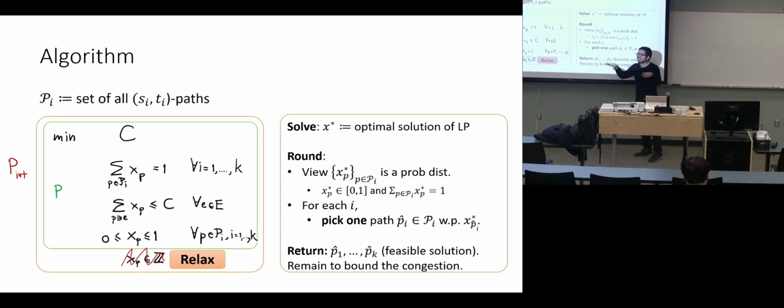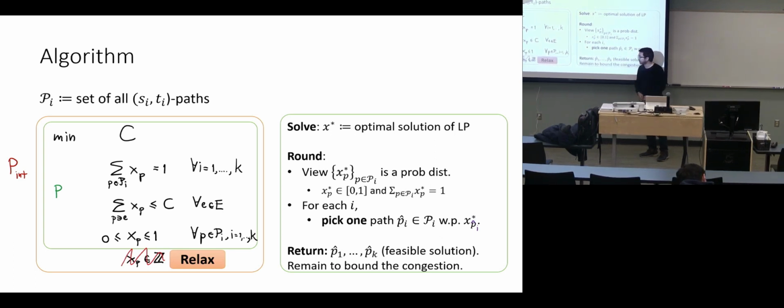When you have a collection of numbers between 0 and 1 and its sum is 1, you can think of it as a distribution, right? And now this is a distribution over all paths from s_i to t_i. So I just choose one path according to this distribution.